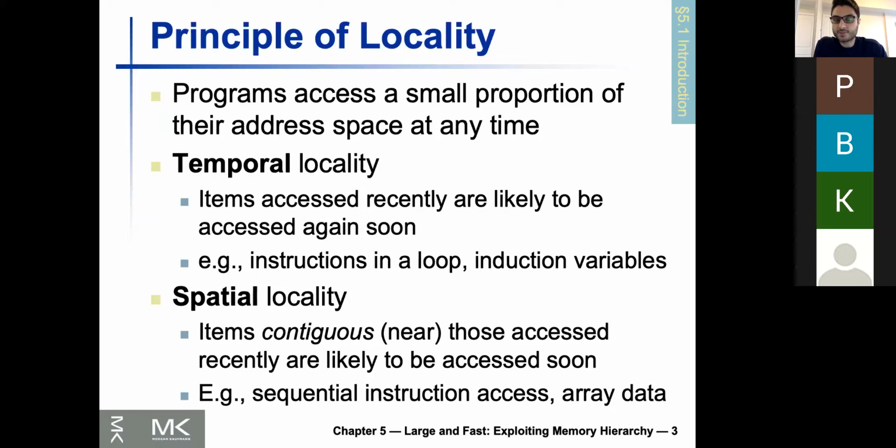Let's have an example with a small code segment, right? We're going to have two nested for loops, and we're going to iterate over i. Sometimes we call this the induction variable. So your i is from 0, and as long as it's smaller than 20, you're going to increment i by 1, and then your j starts from 0, and as long as j is smaller than 10, you're going to increment j by 1.